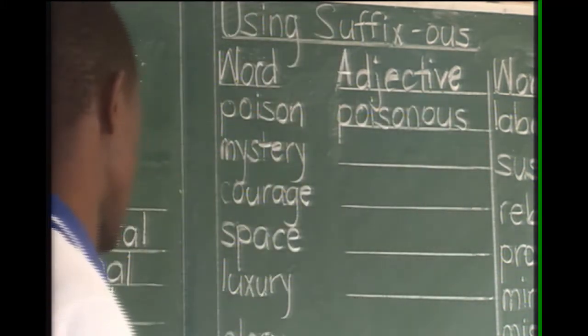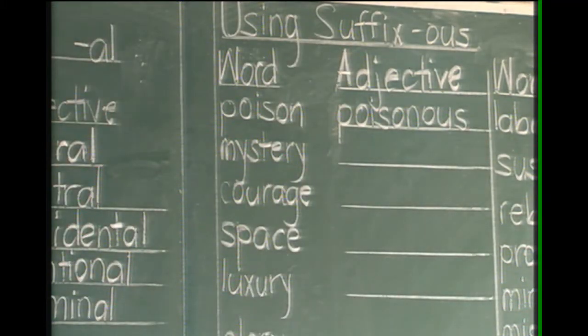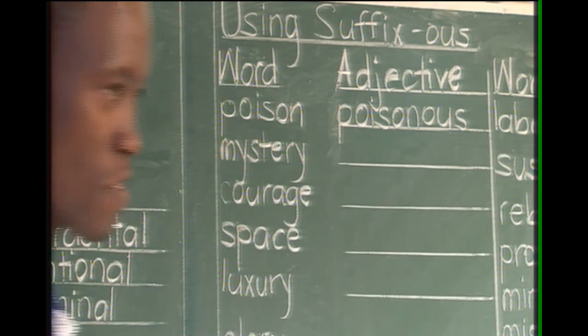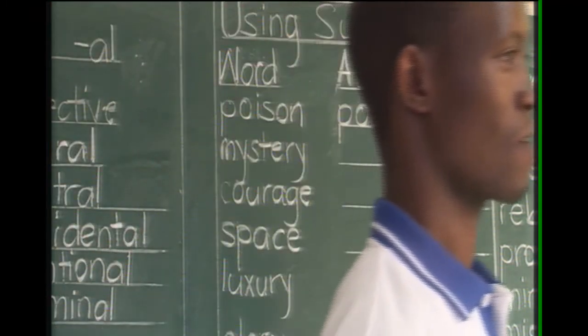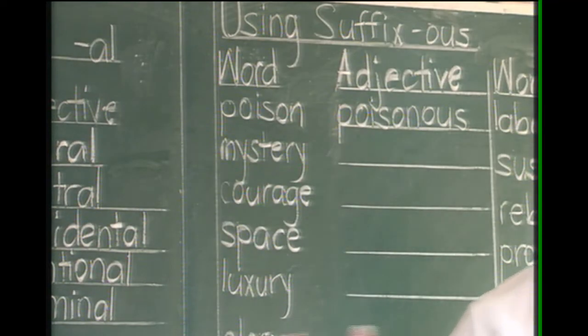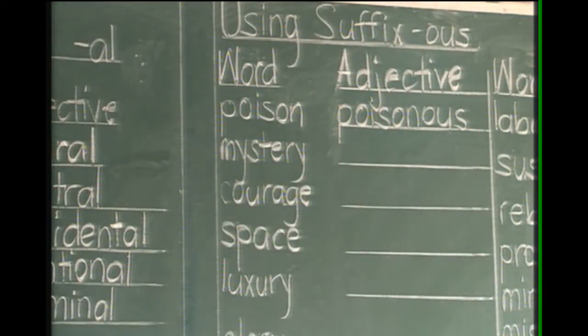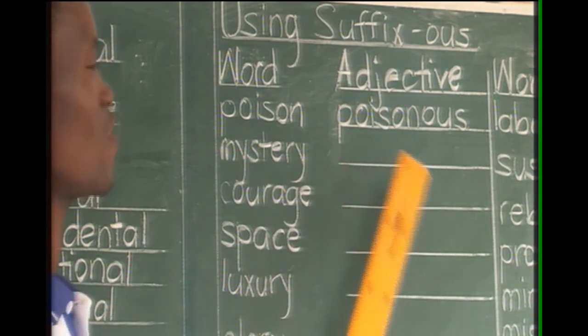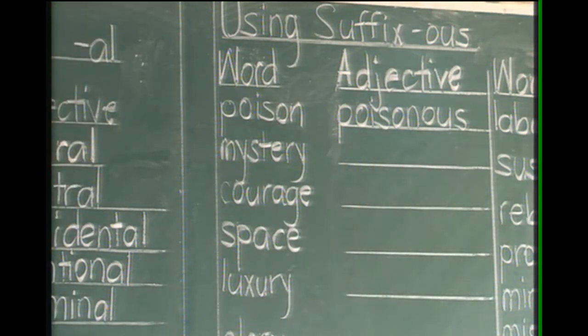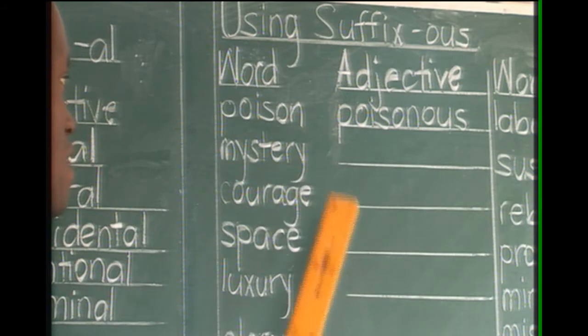From poison, we form the adjective poisonous. We talk of poisonous snakes, poisonous fungi. Poisonous snakes are those that bite you and inject poison into your body. Dangerous. So poisonous is the adjective used in that context to modify the noun snakes.